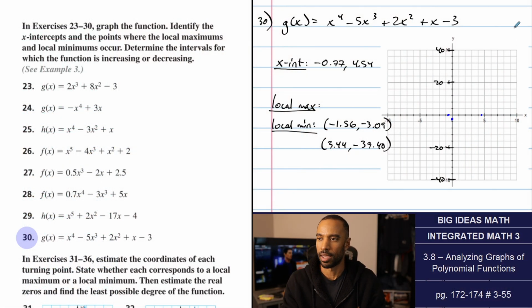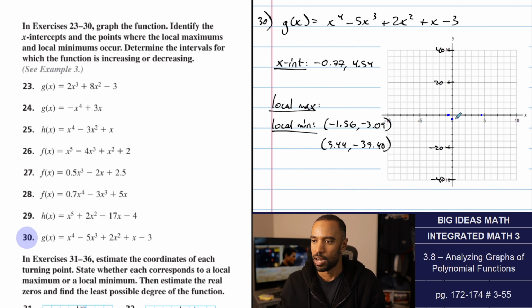This one's a little trickier when you're not fully zoomed in. But this one right here, it's going to hit some bottom here. It's always going to hit a bottom. We need to make sure that this is the lowest of the low that it has. So we just got to make sure that we're hitting that point. I believe this is -1.56. And then -3.09. So there are the local mins that I'm plotting right there.